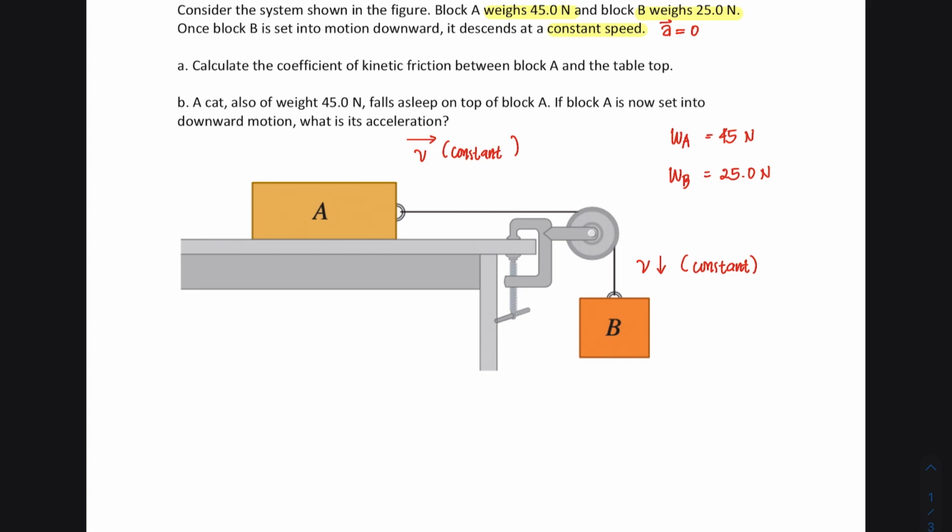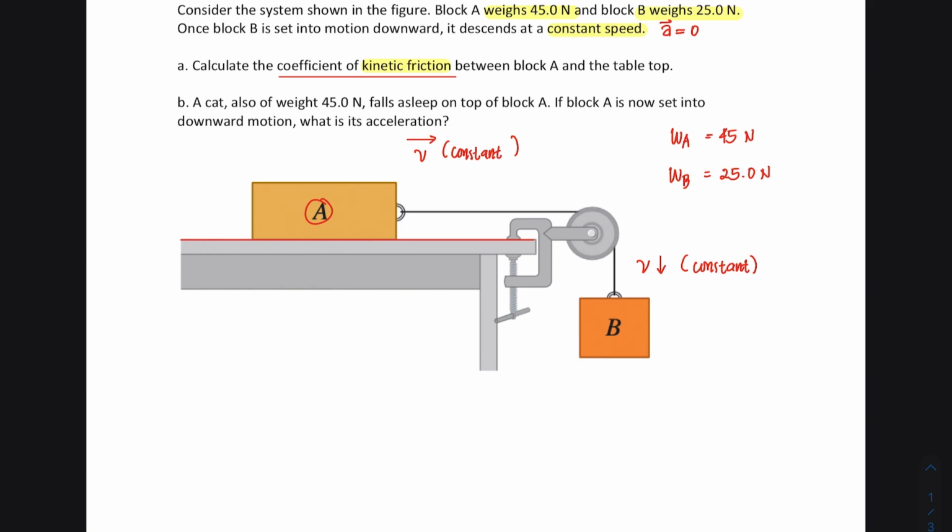So for the first question, you need to calculate the coefficient of kinetic friction. Now, if you notice, what is being asked in the problem is kinetic friction. It is because of the fact that your surface A actually has contact with the table here, or the platform on the table there. So there must exist a friction.